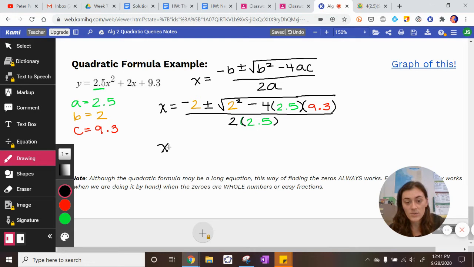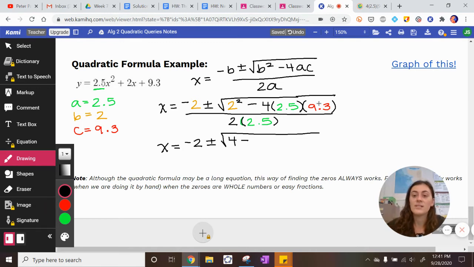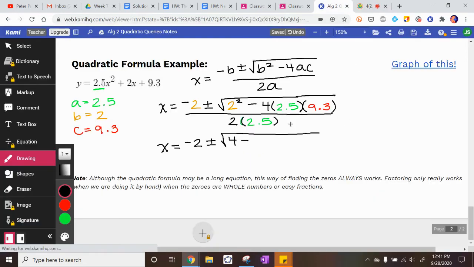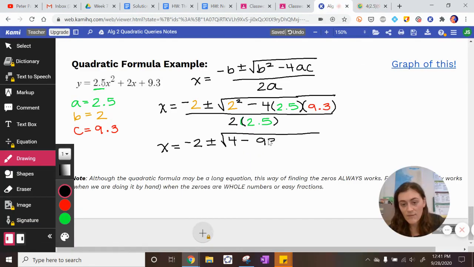So all we got to do is we have x equals, I'm going to leave this alone for right now, negative 2 plus or minus. Let's focus on what's under the square root right now. 2 squared is 2 times 2, so 2 squared is 4. And then we want to subtract 4 times 2.5 times 9.3. And I just quickly plugged that into Google, and it told me the answer is 93. So we're going to have 4 minus 93, and then 2 times 2.5 is 5.